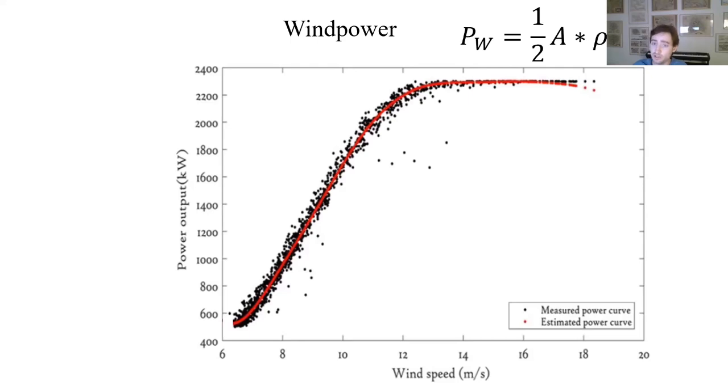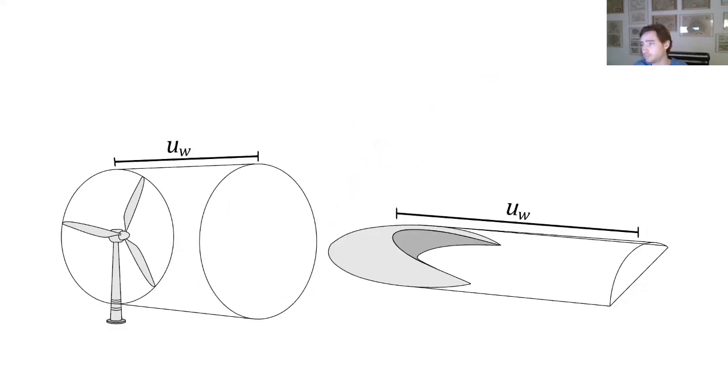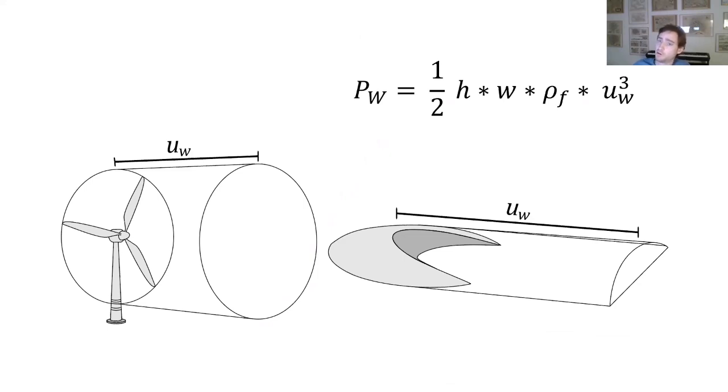So this equation describes most of the physics of a wind turbine. Obviously, it tails off towards the top, which is related to the efficiency, but that's not what we're talking about in this context. So we know the power of the wind moving across the dune, which is half times the height of the dune times its width times the density of the air times the wind speed to the third.